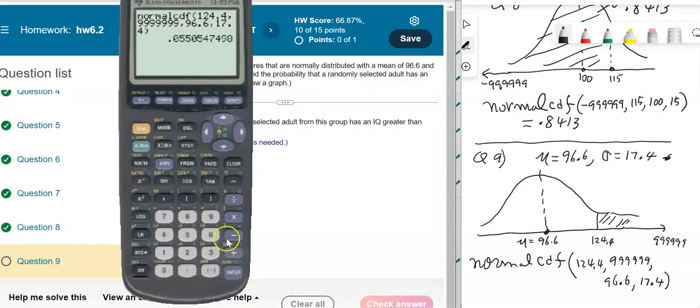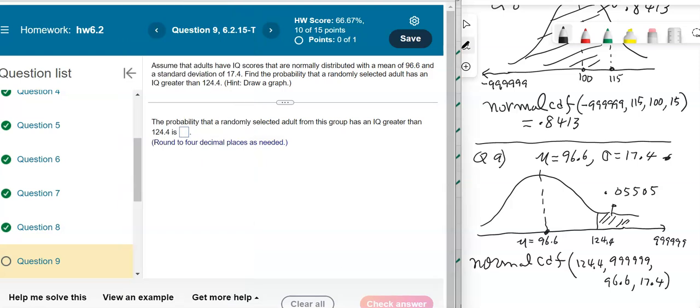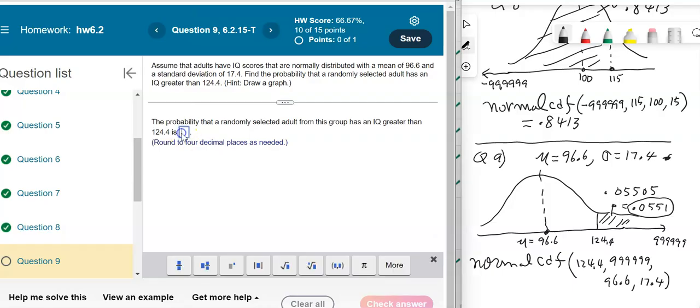So you get area 0.05505. They want 4 decimals again, so this is 0.0551.